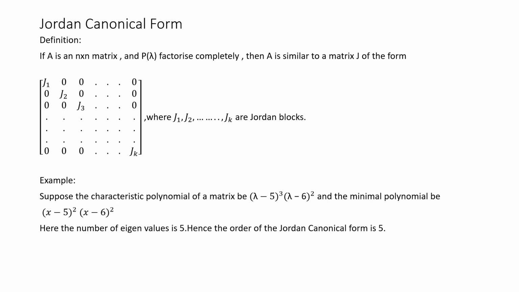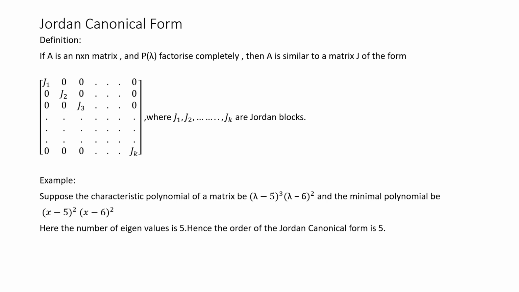Let us check an example. Suppose the characteristic polynomial of a matrix is (lambda minus 5) the whole cube into (lambda minus 6) the whole square, and the minimal polynomial is (x minus 5) the whole square into (x minus 6) the whole square. Here, the number of eigenvalues is 5, which is the degree of the characteristic polynomial.